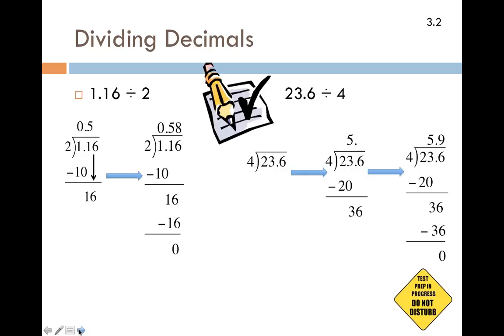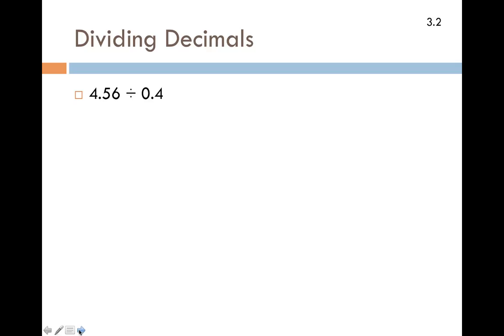All right, so now we've got a little bit more challenging problem. Can anybody tell me why this problem right here is more challenging than the problem we just looked at? Excellent, John. There's a decimal in the divisor. That's what makes it more challenging.